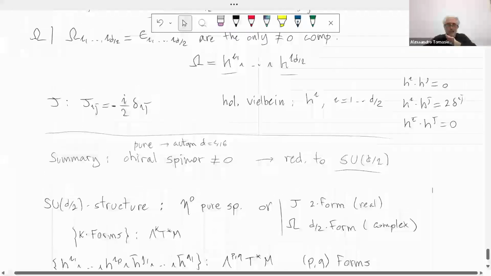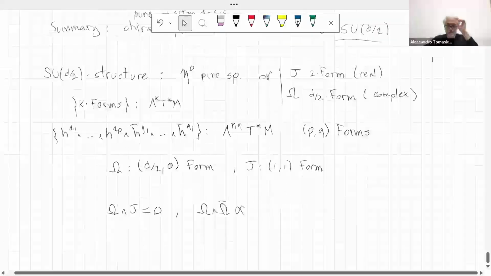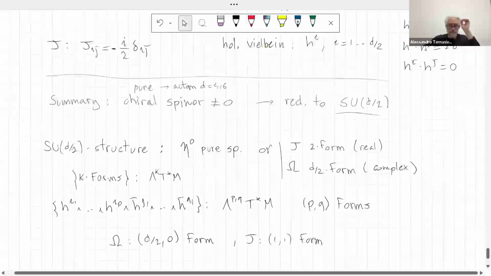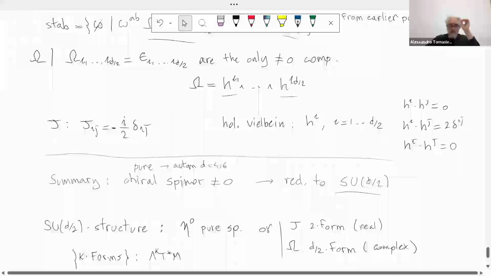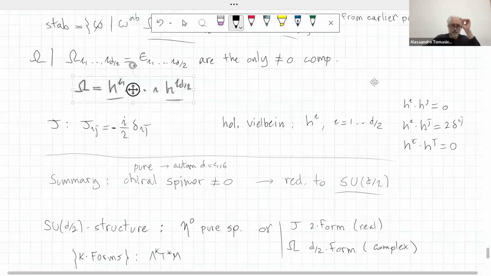It turns out you can check this, that for example, we wrote here omega in this fashion and J in this other fashion, but once I wrote it like this, I can also write it this way.